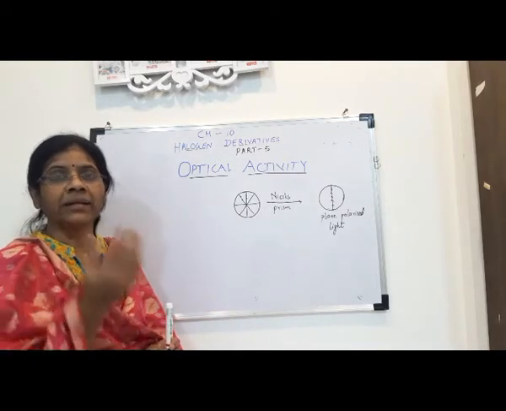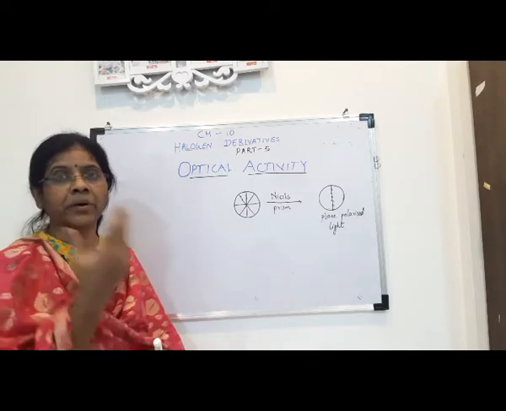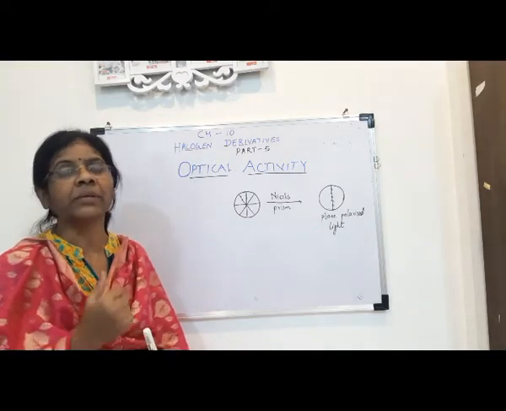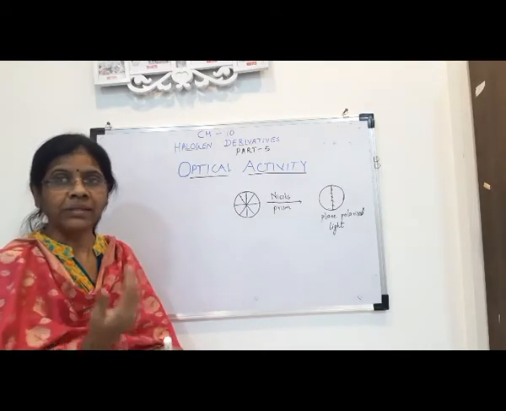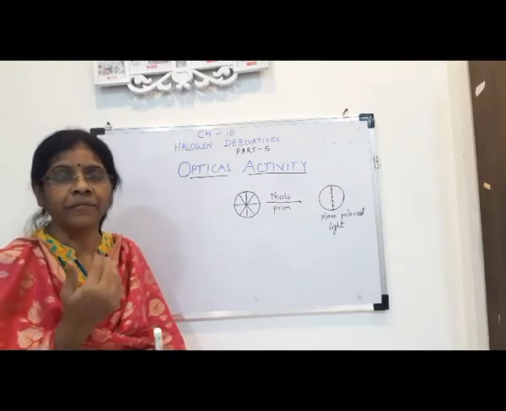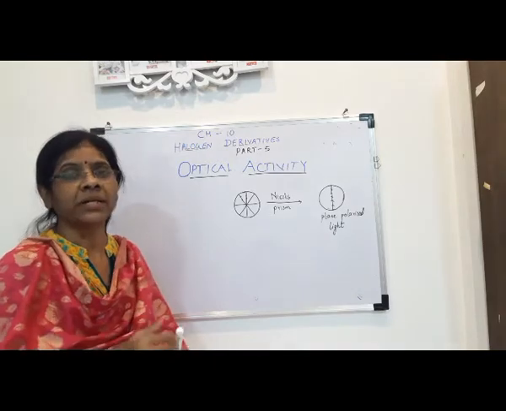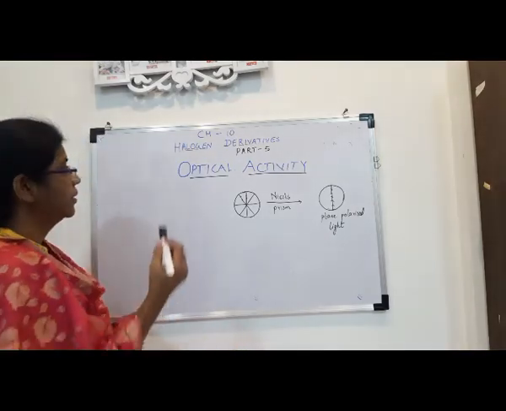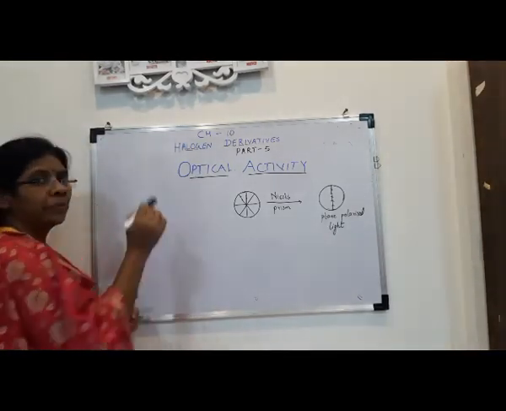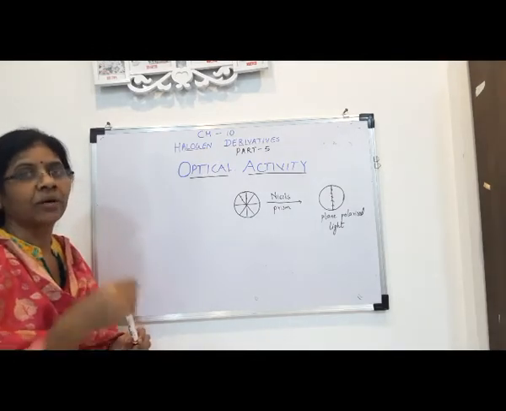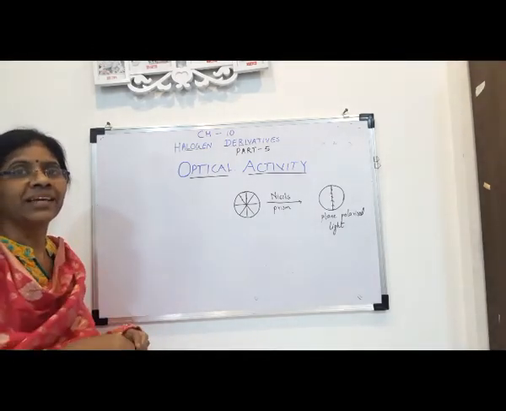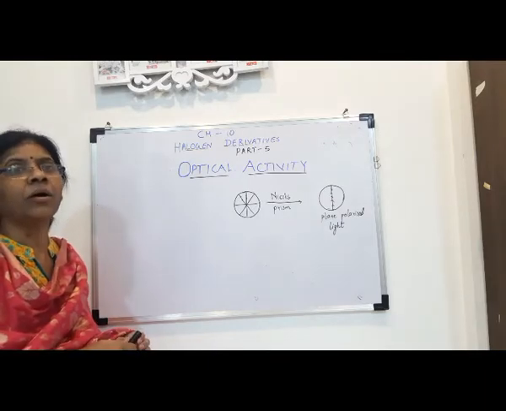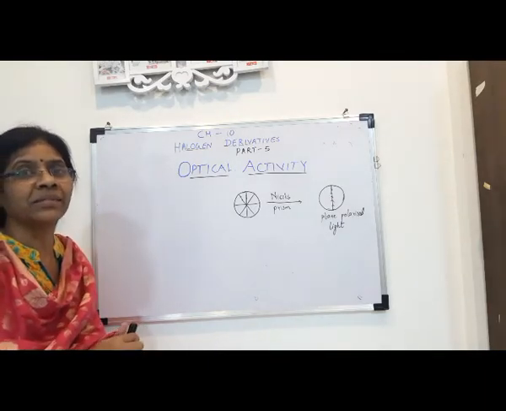Like we saw chiral carbon atom, we saw non-superimposable mirror images of each other. All this is very important to study the next important point, that is optical activity, which has to do with optical isomerism.